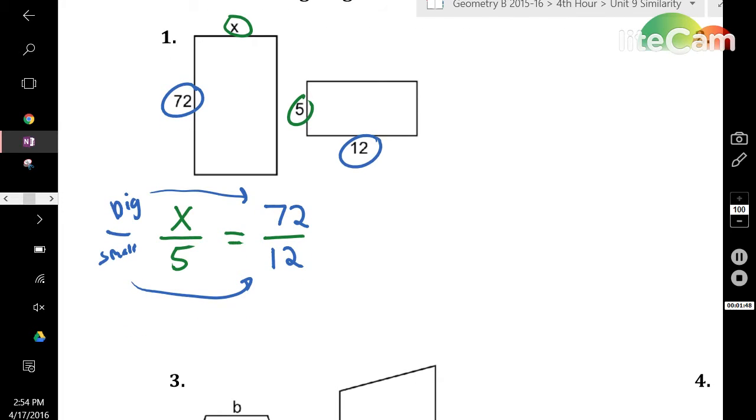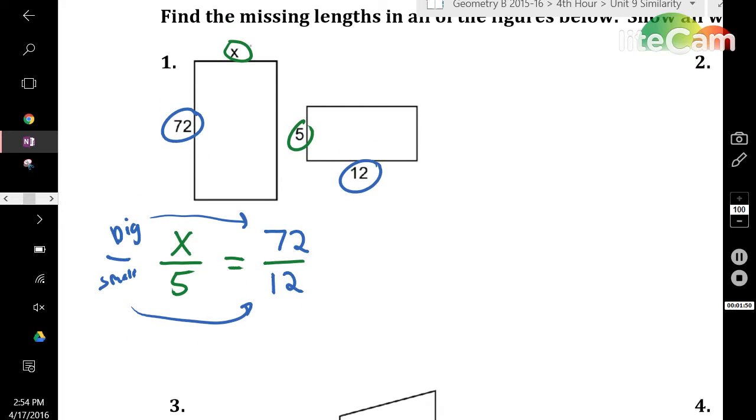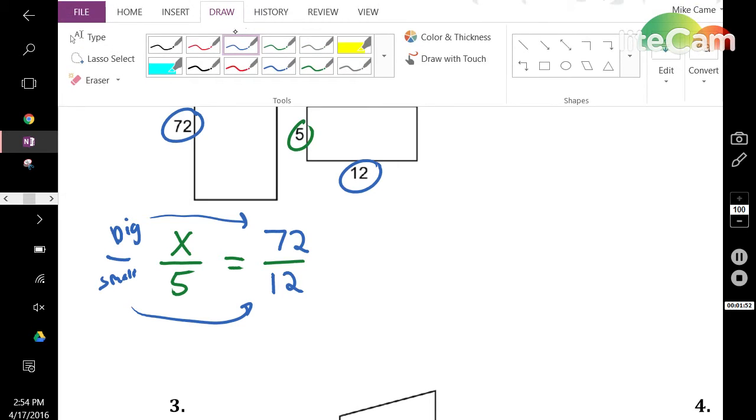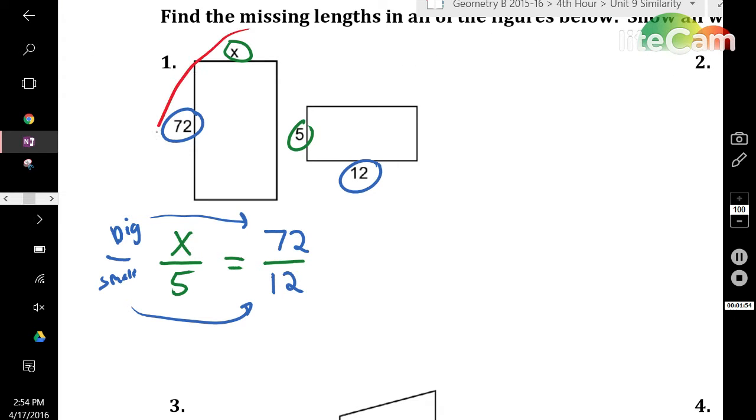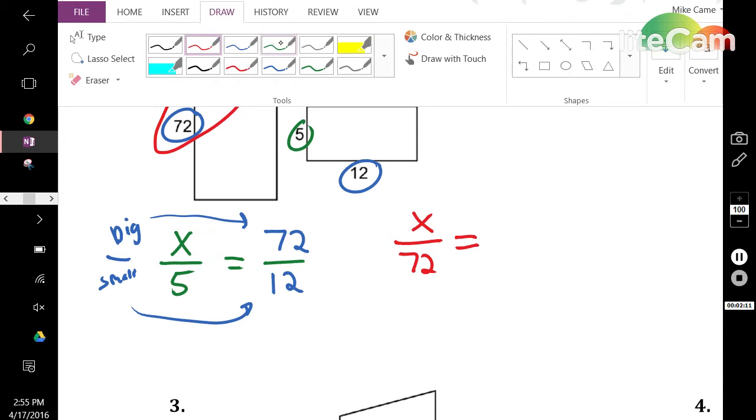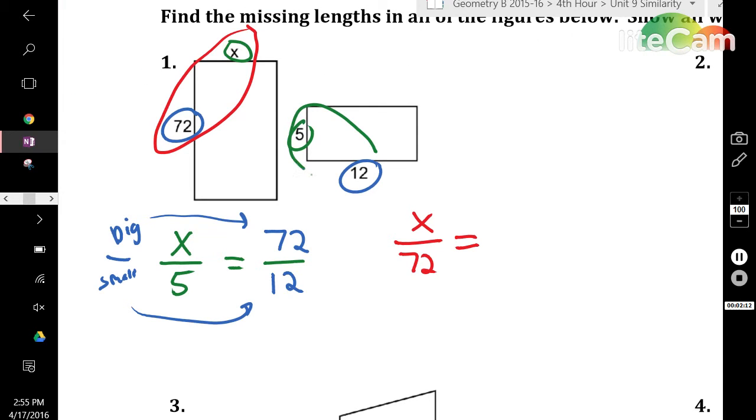You can also set up a different way. If you wanted to do side lengths that correspond in the same rectangle, for example, x and 72, the second way of doing it, you could write it as x over 72 equal to, and then the second pair would be 5 and 12.